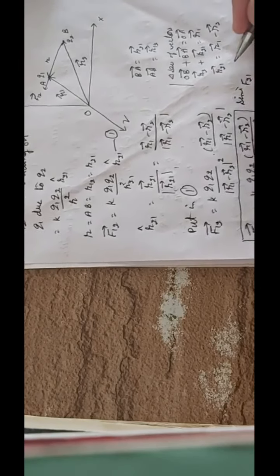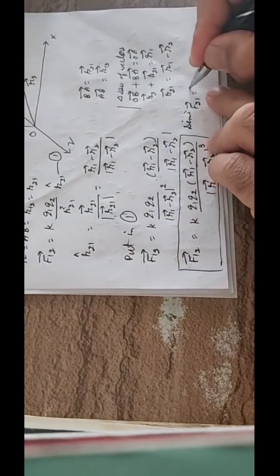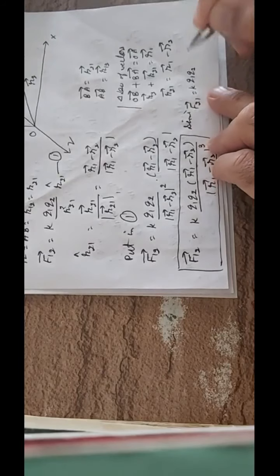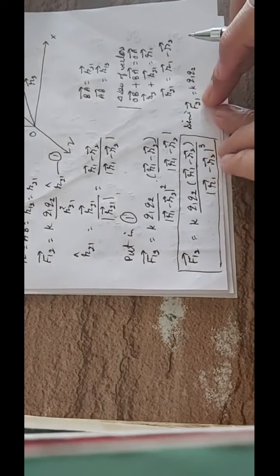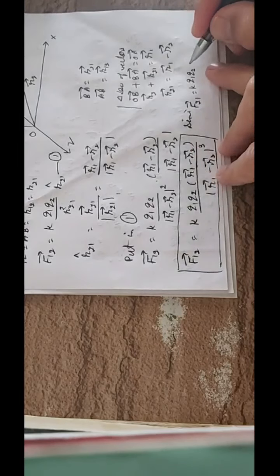Now similarly, we can prove that F21 equals K Q1 Q2. Here we have to find R21, so I will interchange 1 with 2 and 2 with 1.